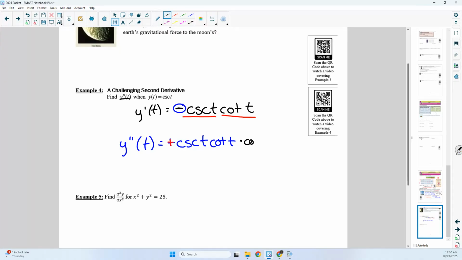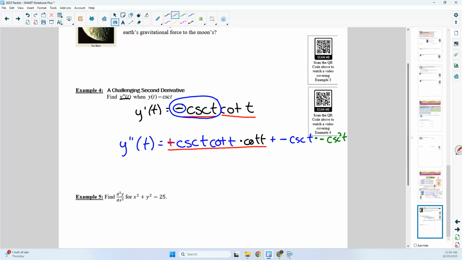So times the second function, which is cotangent of t, and then we're going to have a plus that's going to become a minus, right? Because of the fact that this first function is negative. So we have plus negative cosecant of t, and then times the derivative of cotangent, so that's times negative cosecant squared of t. So now we have a pretty big mess. We're just going to basically simplify from here.